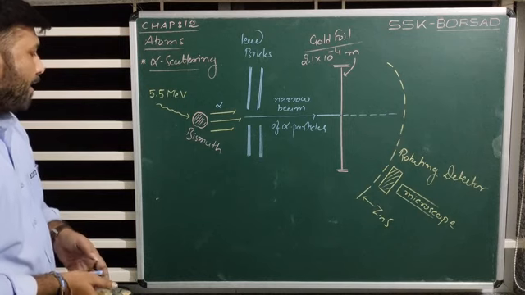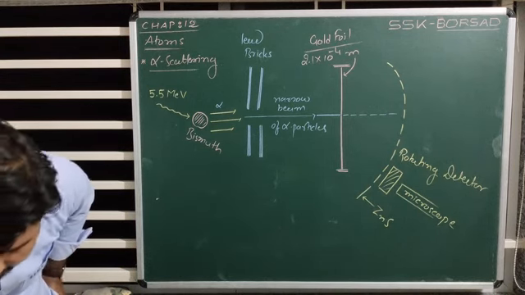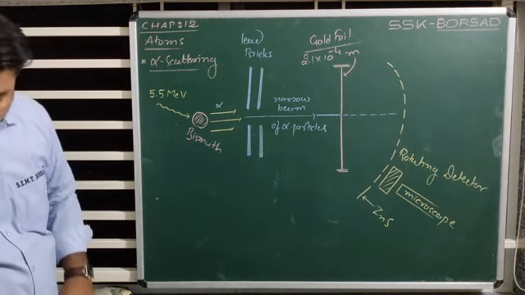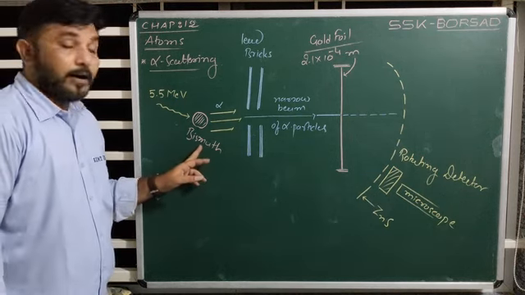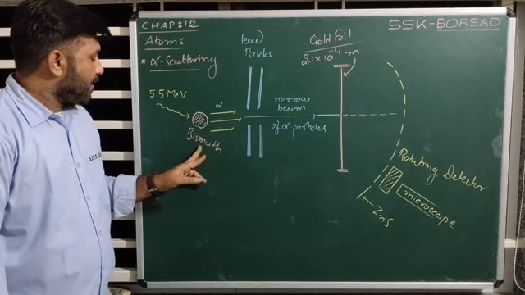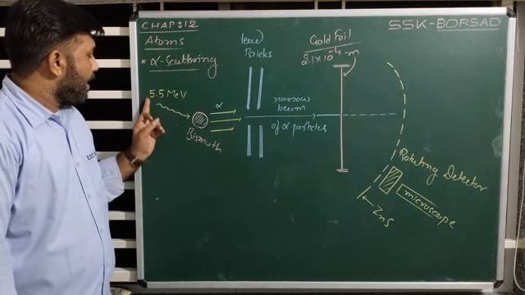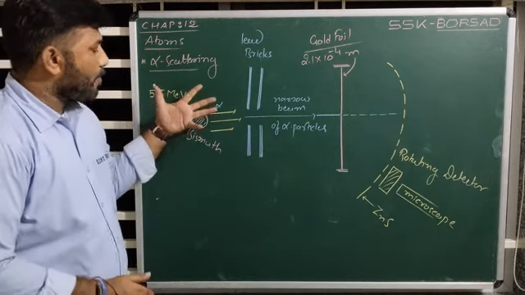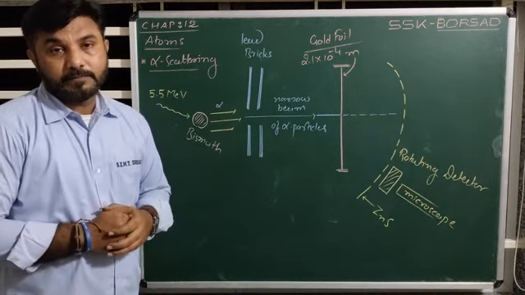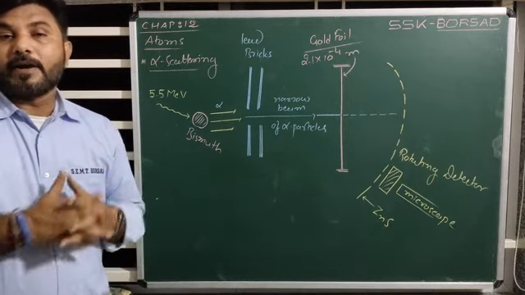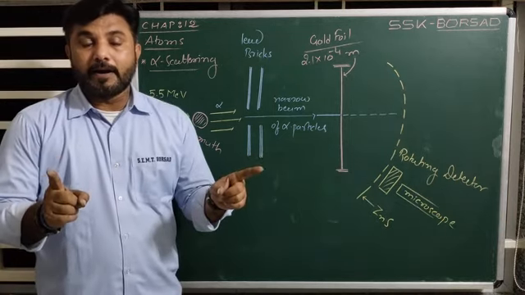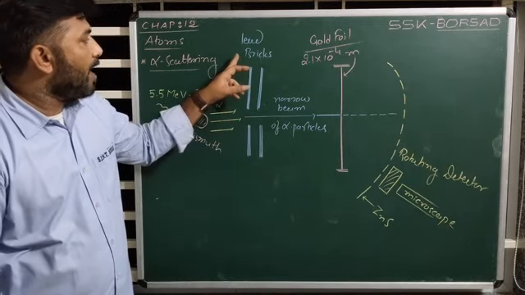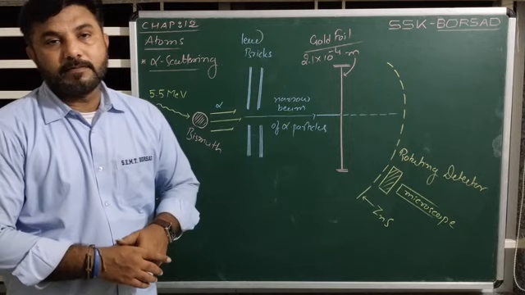Okay, once again, if you want to see, it is like this. Bismuth, a radioactive element which is excited by energy 5.5 MeV, emits alpha particles in all the directions. These alpha particles are collimated in a narrow beam with the help of lead bricks.